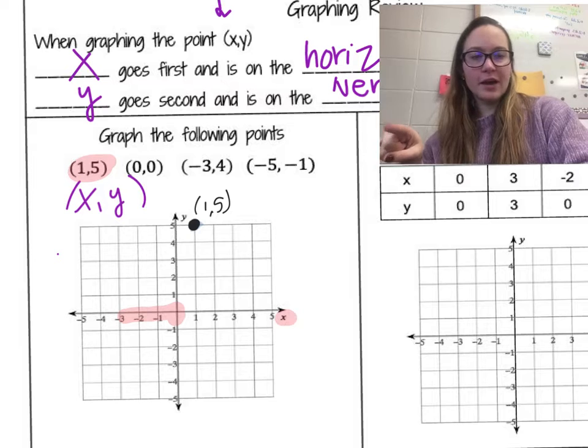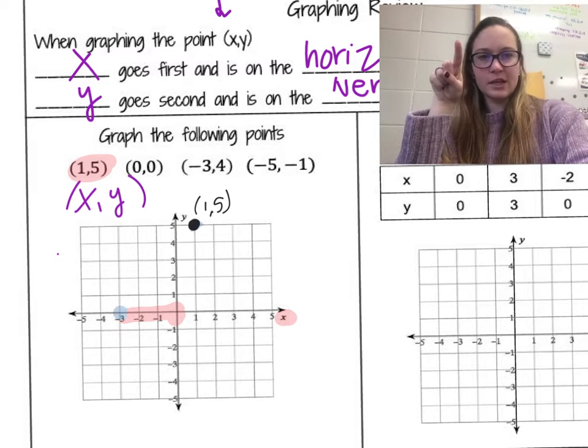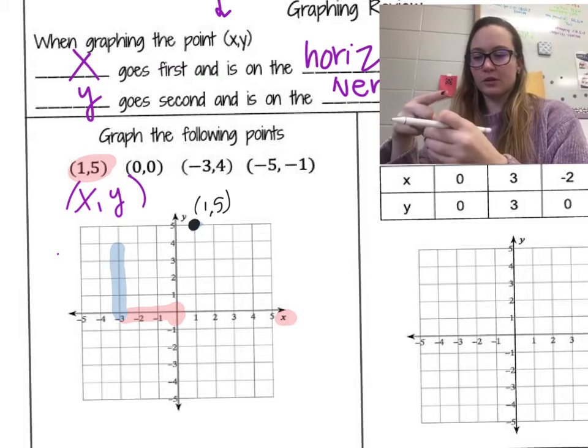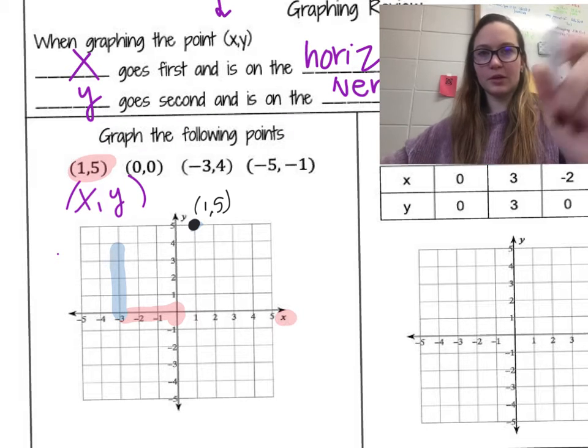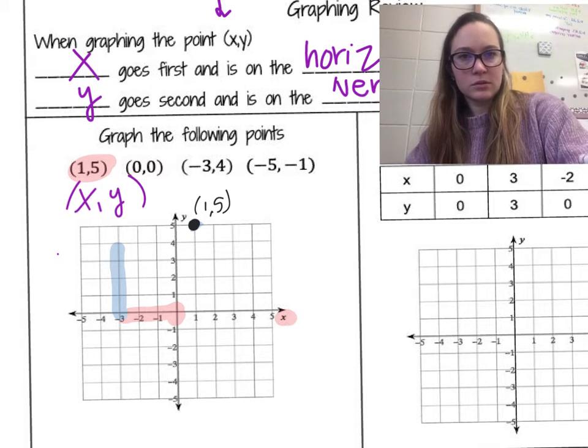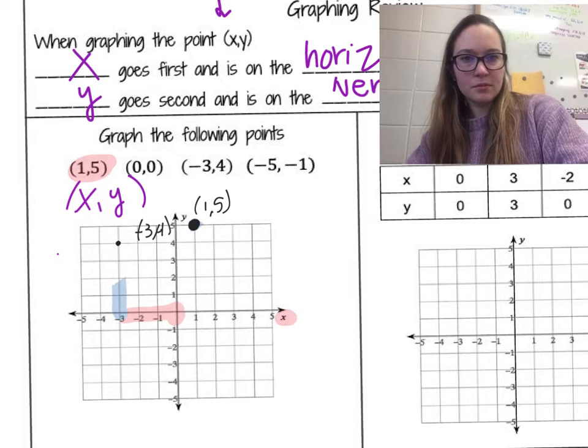Then for my Y value, that's the vertical axis, I go up to positive 4, and that is where my point goes. So it goes right here. That's negative 3, 4.